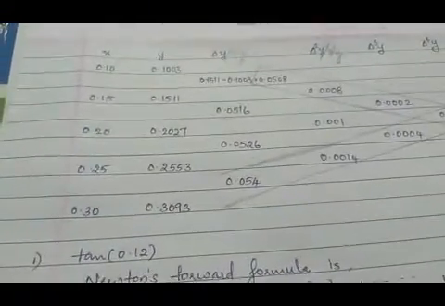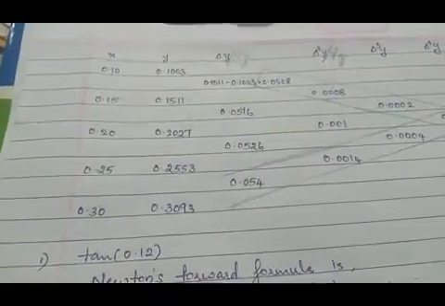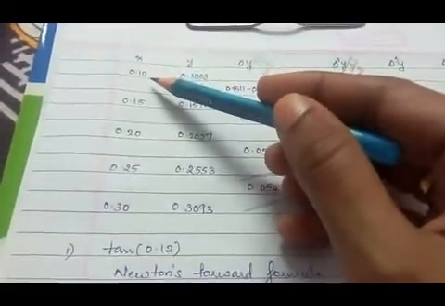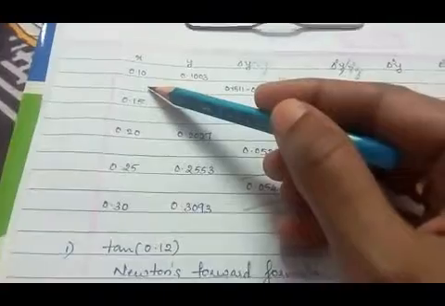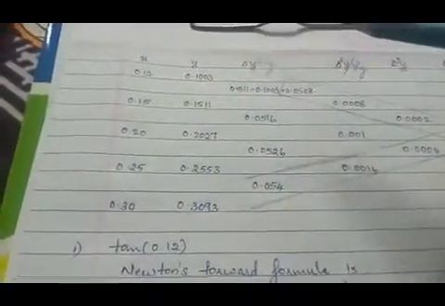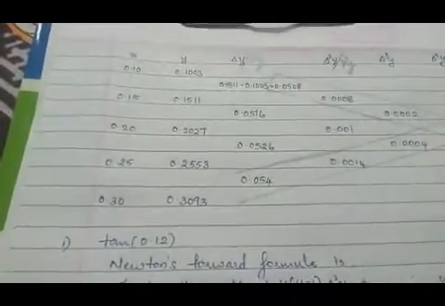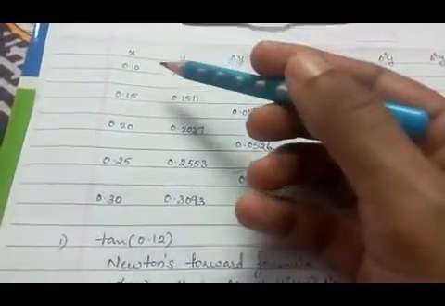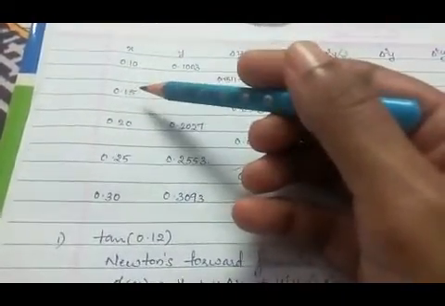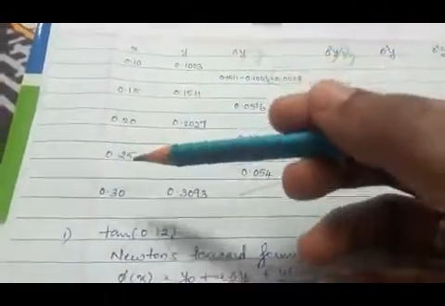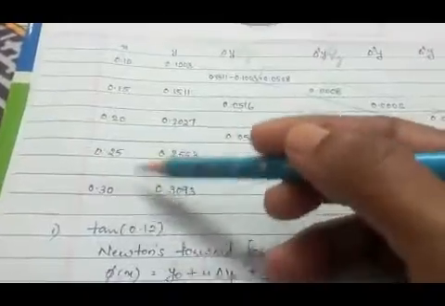Now we have to find the value of tan 0.12. Now look at the table. In the arguments, you can see that 0.12 comes in the beginning of the table. That means we have to use Newton's forward formula. So take note that Newton's forward formula is used to interpolate values which are at the beginning of the table, and Newton's backward interpolation is used to interpolate the values which are near the end of the table.